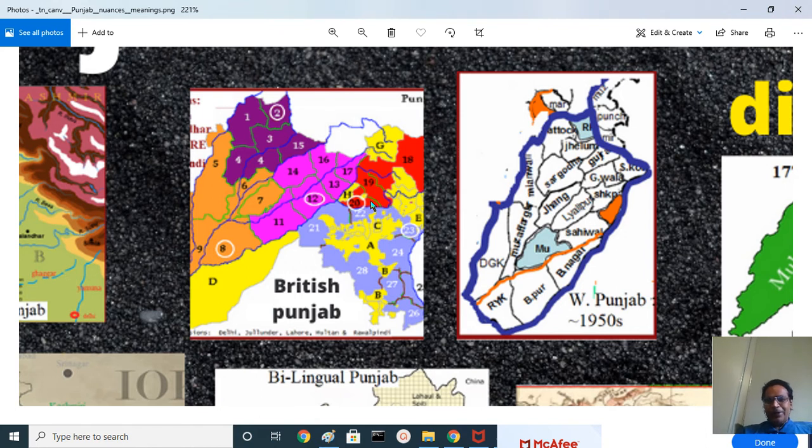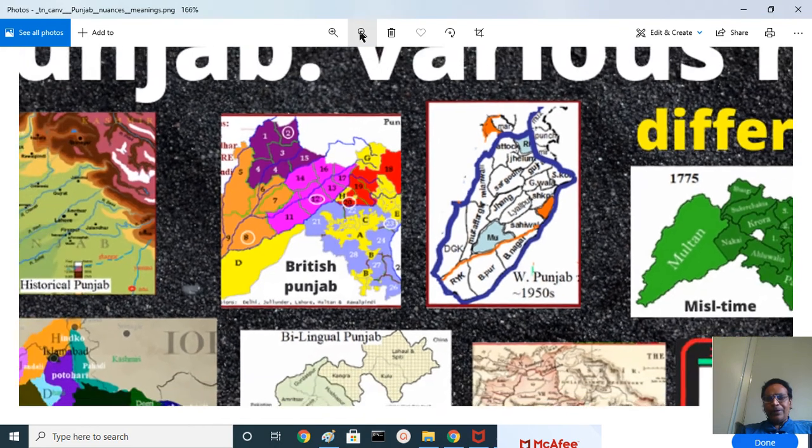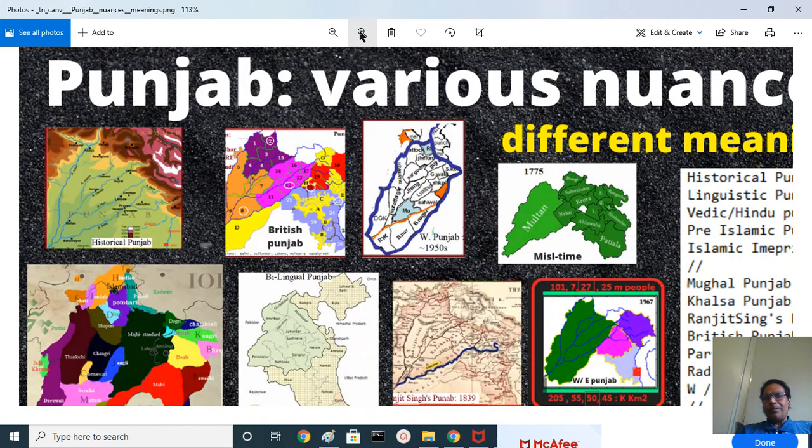And British Punjab made a lot of changes: British English education and consolidation of a part of Sikhism or Khalsa, and alienation of Khalsa, and a sort of separatism, and all those things. And finally, the increase in Islamic violence and rioting made the Congress leadership give in to the partition of Bharat, our motherland, and formation of two dominions, Dominion of India and Dominion of Pakistan.